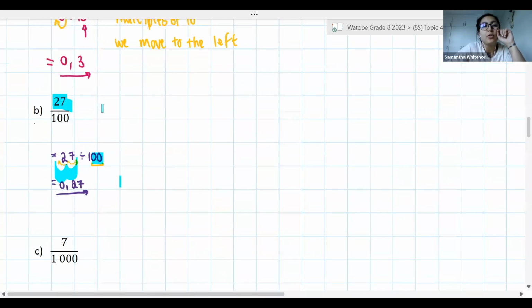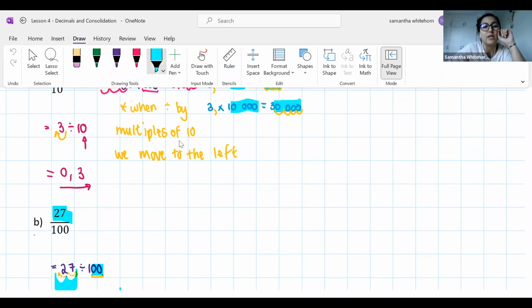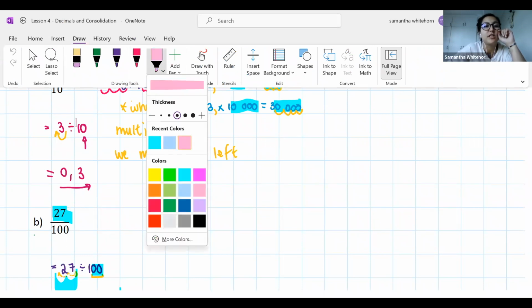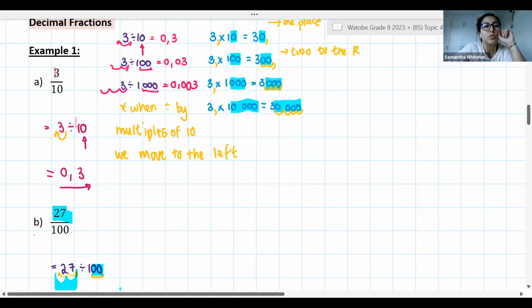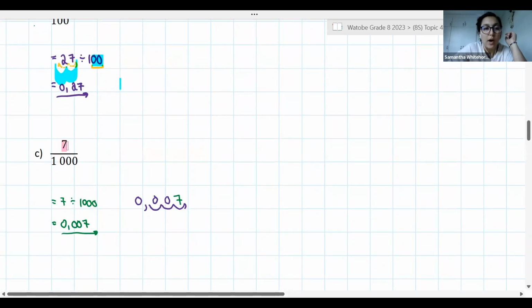In question A, I only had 1 number in my numerator. It was just a 3. It wasn't like 34 or anything. Because it was 1 number, that pattern will exist. It will be 1 zero. In question C, I only had 1 number, so the pattern exists. I've got 3 zeros. But it doesn't always happen.